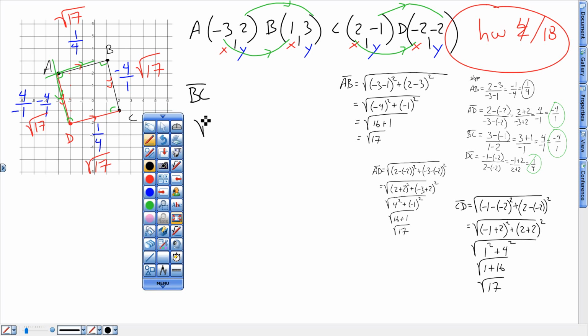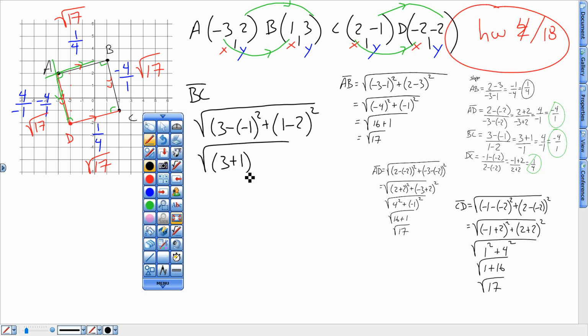So BC is the square root of, let's go the y's first, 3 minus 1, 1 minus 2, gives me square root of 3 plus 1 squared, gives me 16 plus 1, which is root 17.